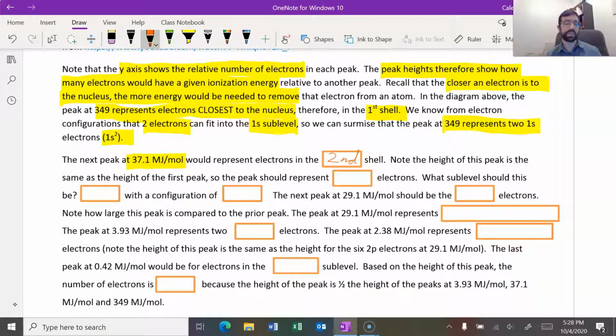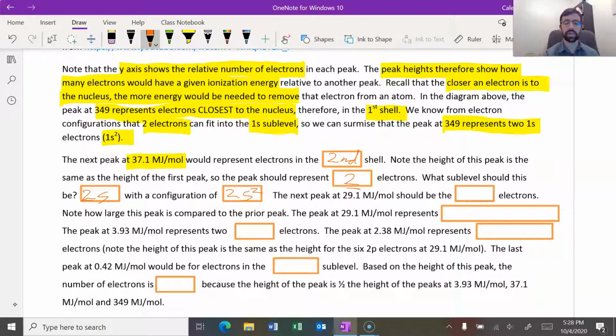Note the height of that peak is the same as the height of the first peak, so we can assume that this has to represent 2 electrons. What sublevel should this be? Well, it's the second energy level. We've got 2 electrons. That would be 2s. With a configuration of 2s, well, how many electrons?